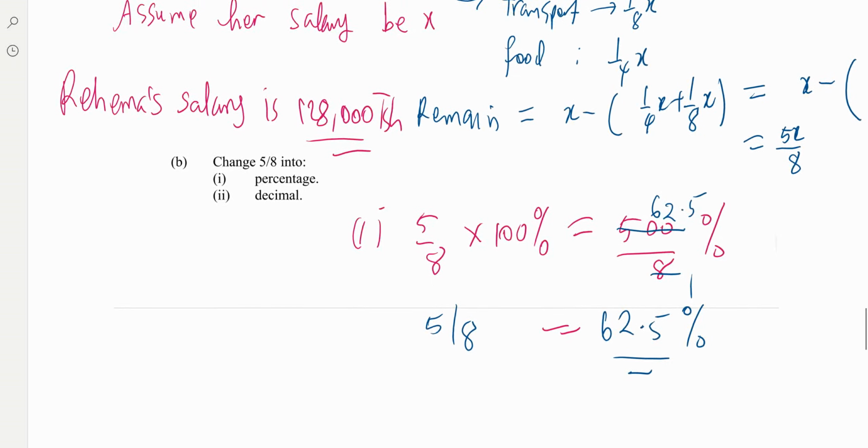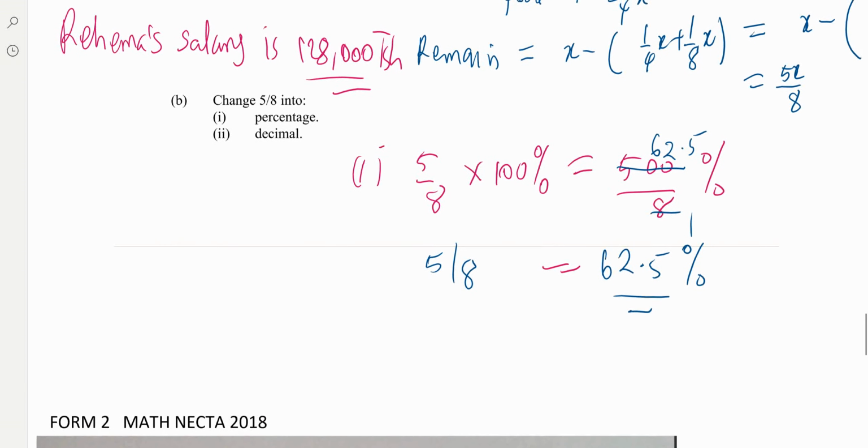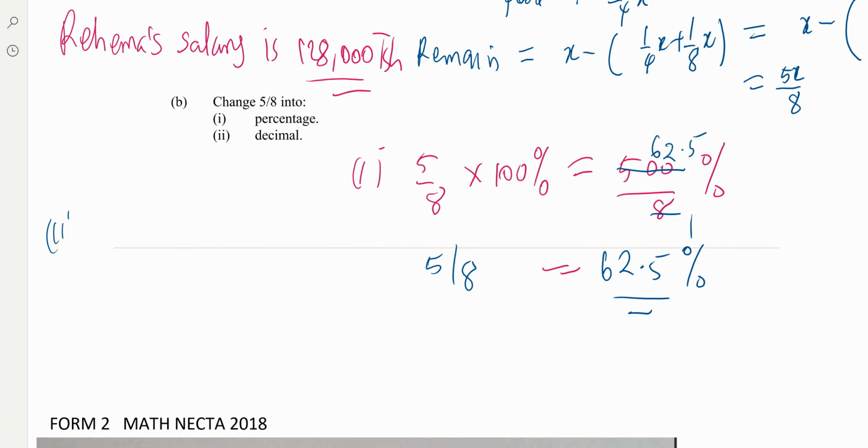Now change 5/8 into decimals. For part 2, changing it into decimals, we'll be taking 5 divided by 8. We know that we cannot divide 5 by 8, so we start with a 0. We drop 0 there, it is 5. You add 0 with a point. 50 divided by 8, you get 6, it is 48.